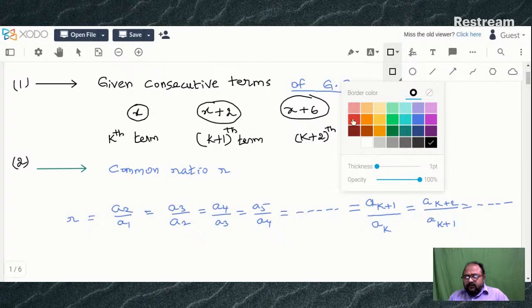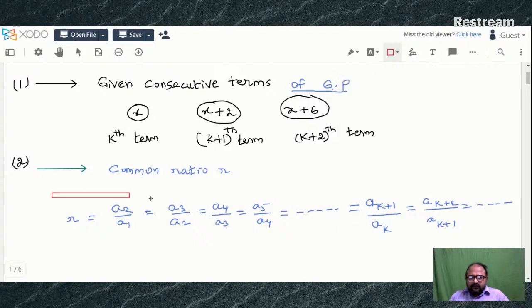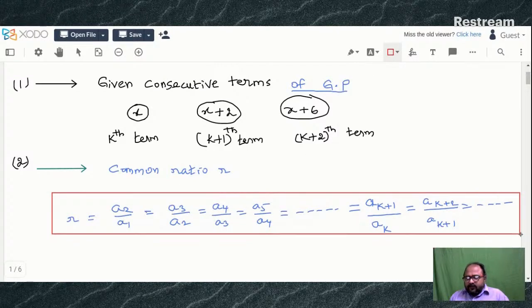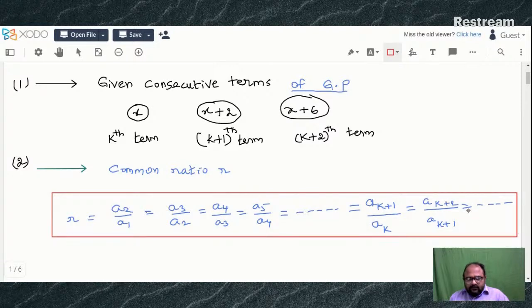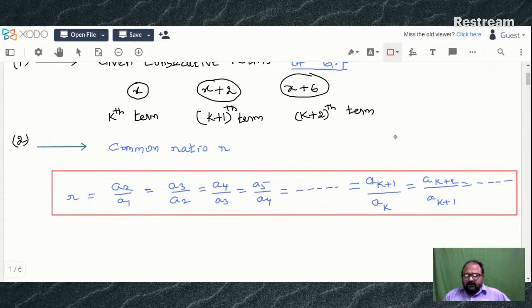In this problem, you are given three consecutive terms. Do you know what is the value of k? It is not known. Which term is x and which term is x plus 2 and which term is x plus 6? You do not know.